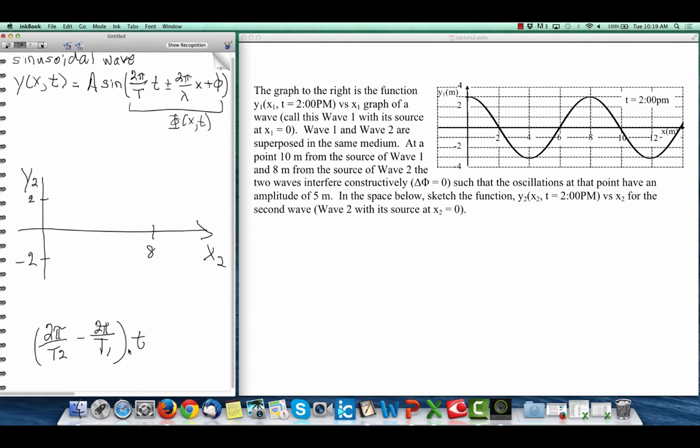The way I'm reading it, it's saying at that point, 10 meters from wave 1 and 8 meters from wave 2, delta phi equals 0. Does that mean it has to be 0 at every other point in the world? No. It is 0 at that point, and it doesn't say any particular time it's 0.